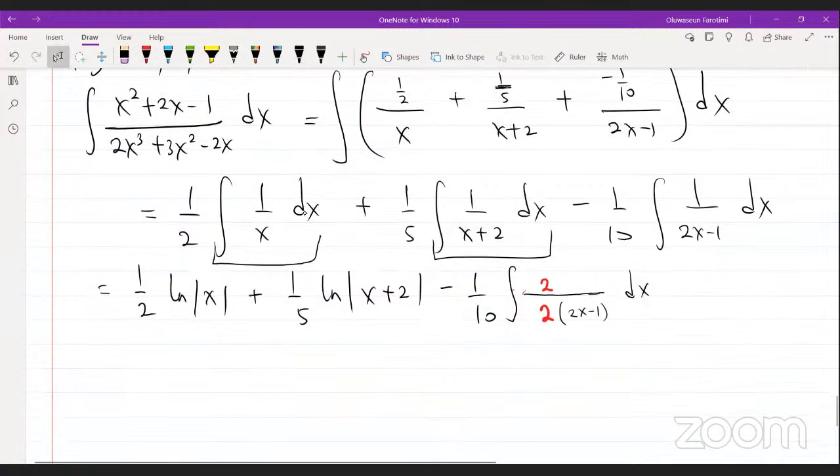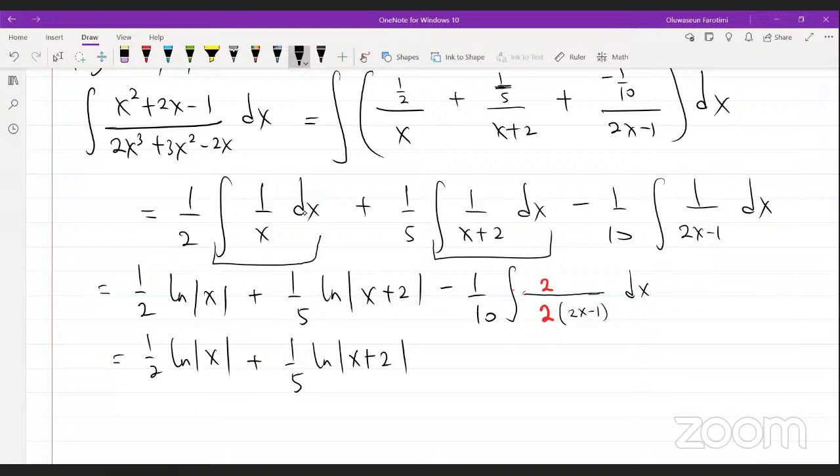1/2 ln of this guy, plus 1 over 5 ln of x + 2. All right, so minus, over here, I got a 1 over, this guy becomes 10 times 2, 20. All right.